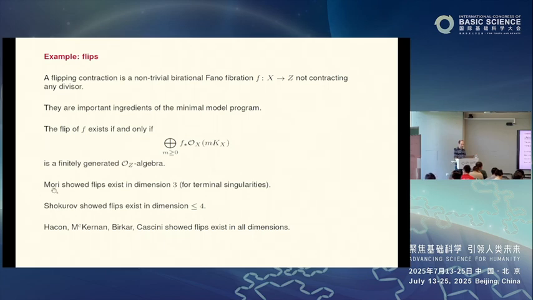And in dimension 3, Mori first proved this for terminal singularities, and later on, Shokurov extended that to more general singularities and also extended to dimension 4. And based on these works, then other people, Hacon, McKernan, myself, Cascini, and then we show these flips in every dimension. So that gives us one of the main ingredients of the minimal model program.